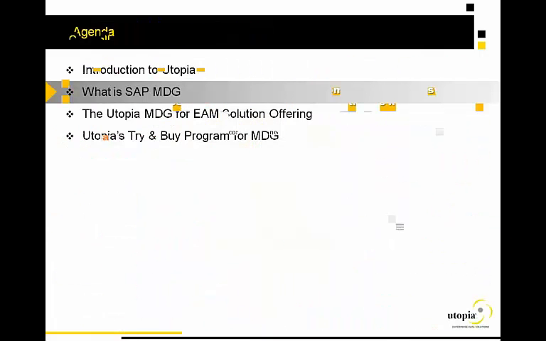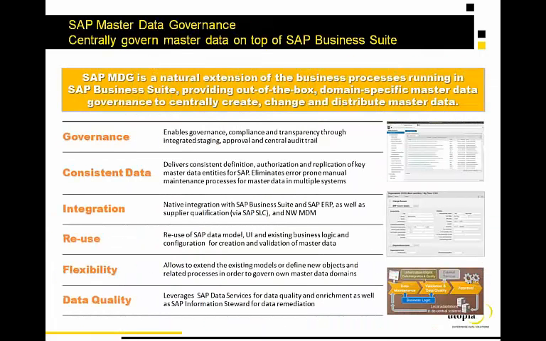Utopia has long had a practice with SAP's Master Data Management Solution Suite and Master Data Governance in particular. If you're already familiar with MDG, you'll recognize this as a slide that SAP uses quite often.